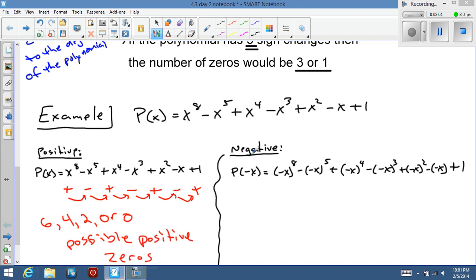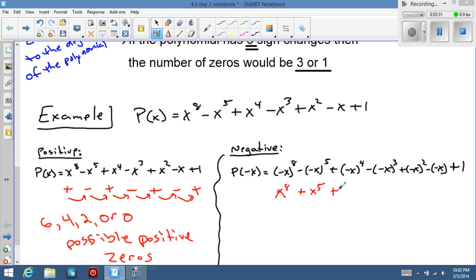Okay, now for the negatives, we plug in negative x. Negative x to the 8th is going to be positive x to the 8th, because an even exponent is going to make it positive. An odd exponent will keep a negative, but we have two negatives here making it positive, or plus x to the 5th. Negative x to the 4th, again, is going to make it positive.